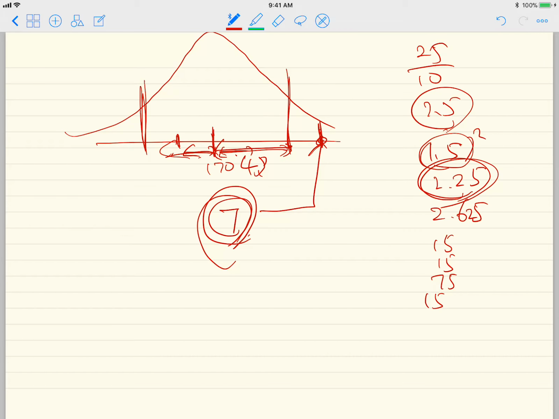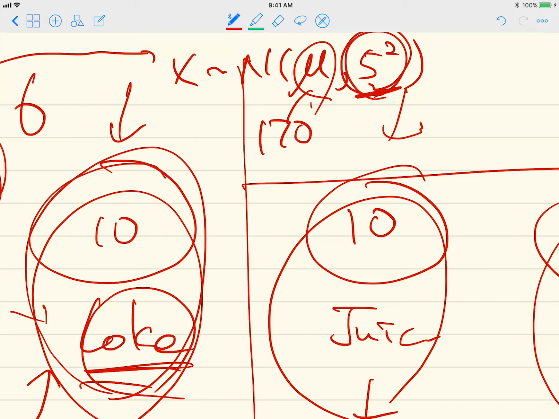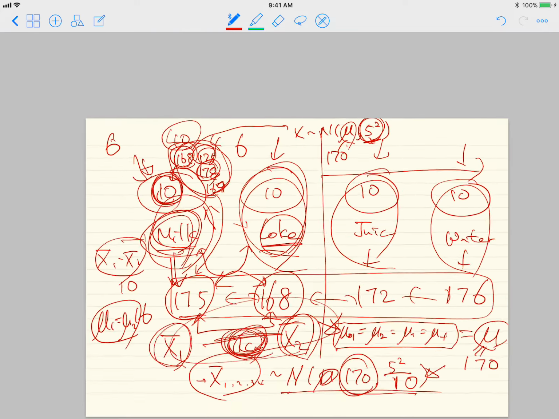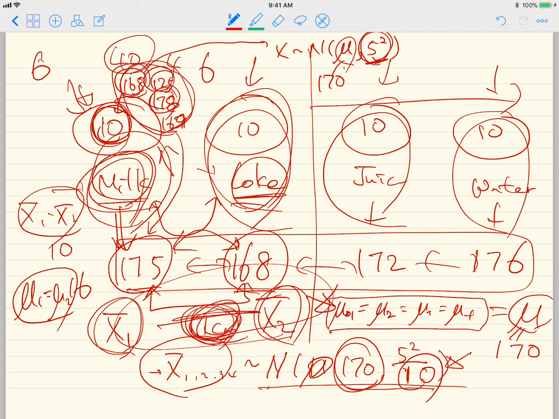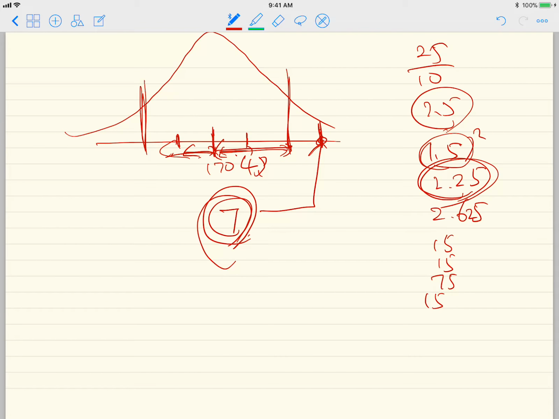But as we can see, this value is really large, and even though we divide it by 10, this difference of 7 will fall into this region, our acceptance region.